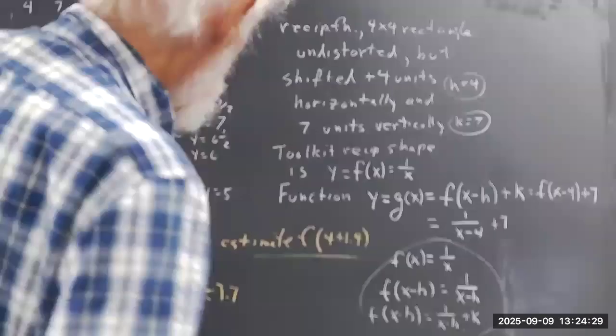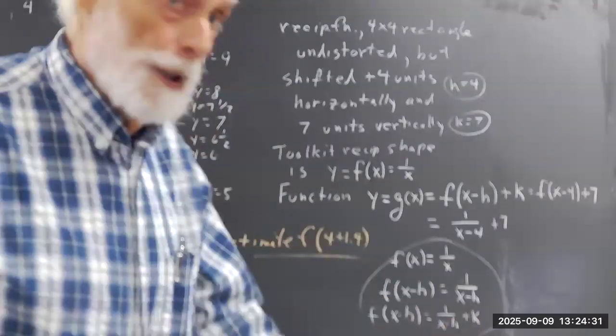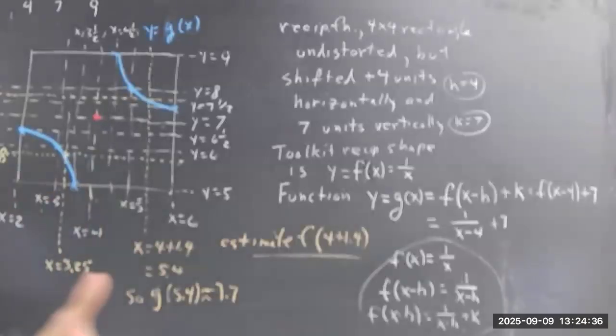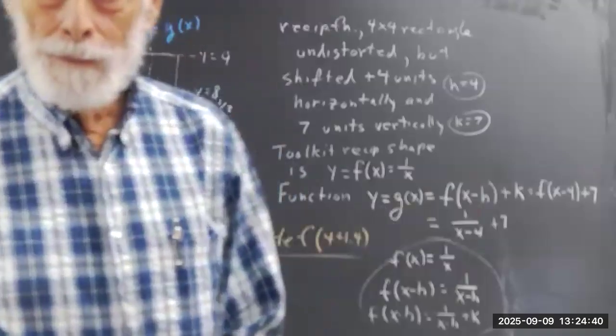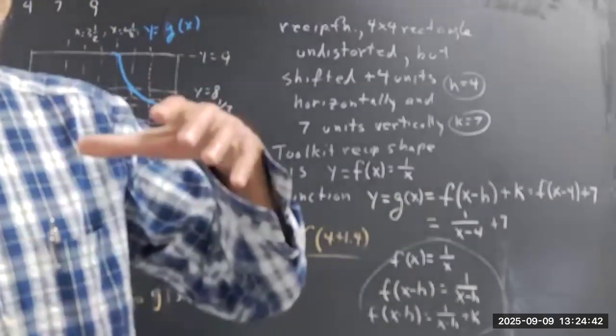So on a table problem, I will ask you, what's the formula for this function? It's always f of x minus h plus k for an undistorted graph.